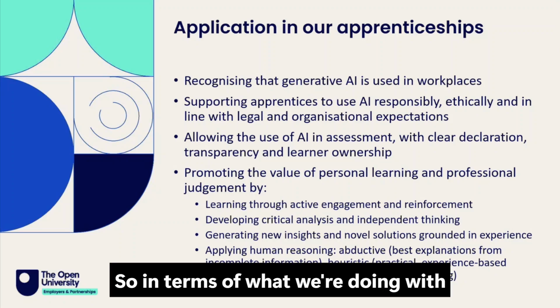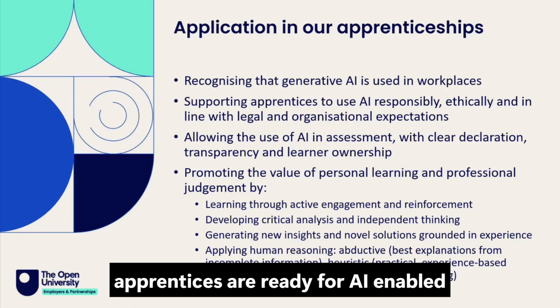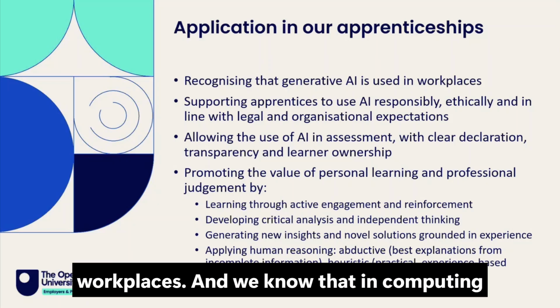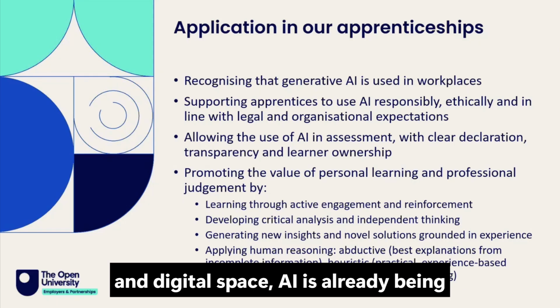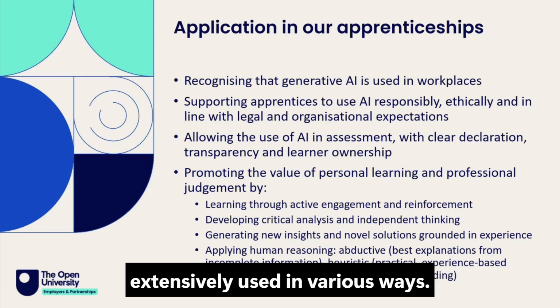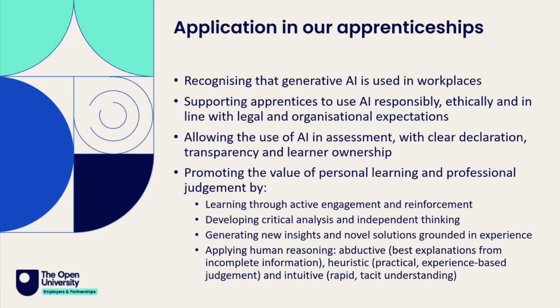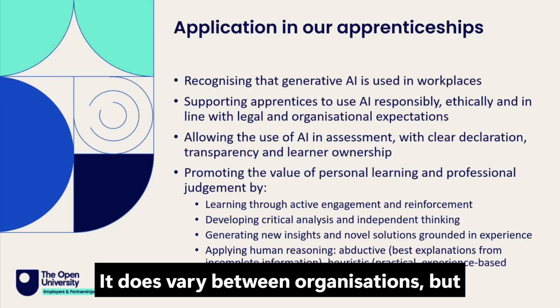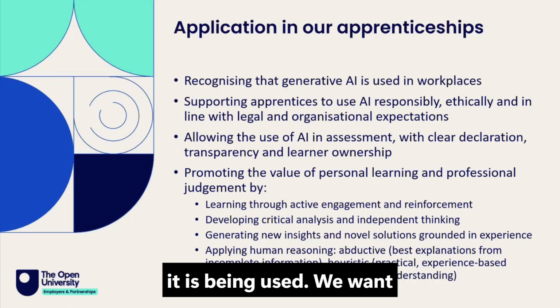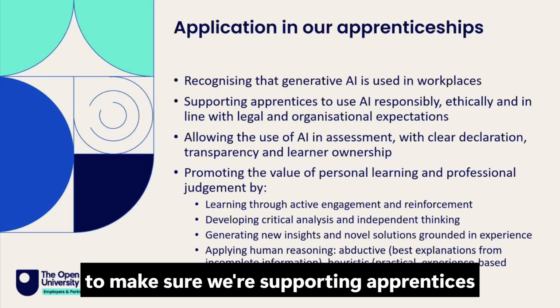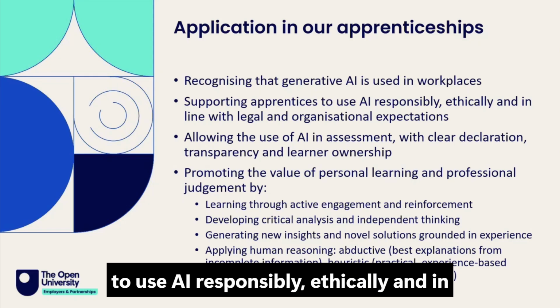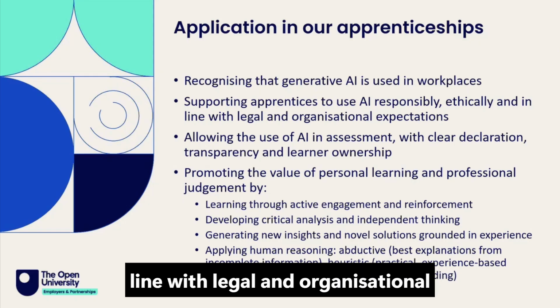So in terms of what we're doing with apprenticeships, we want to make sure our apprentices are ready for AI-enabled workplaces. And we know that in computing and digital space, AI is already being extensively used in various ways. It does vary between organizations, but it is being used. We want to make sure we're supporting apprentices to use AI responsibly, ethically, and in line with legal and organizational expectations.